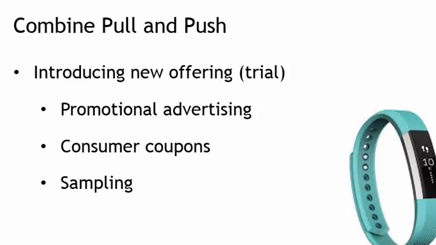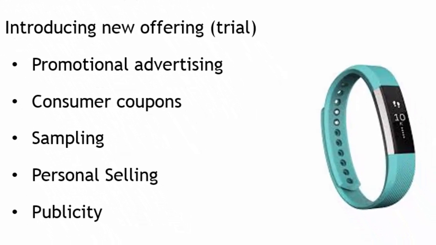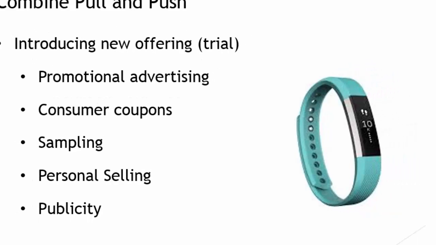Then the marketing team at Fitbit would use the stories that they had for in-person selling to get the Fitbit introduced into distribution channels, and certainly use in publicity and have the public relations department write about the results and how consumers responded to the Fitbit in real world use.